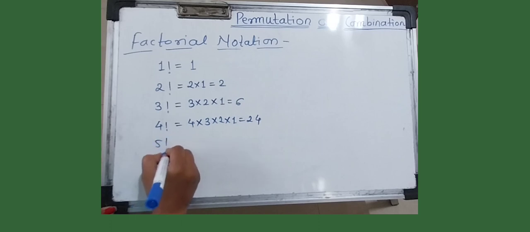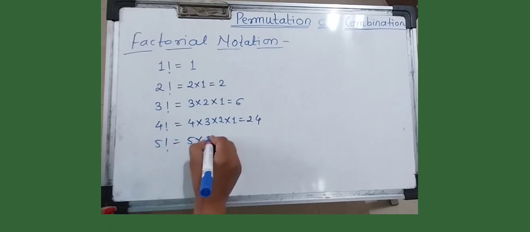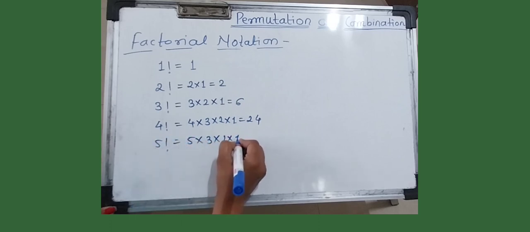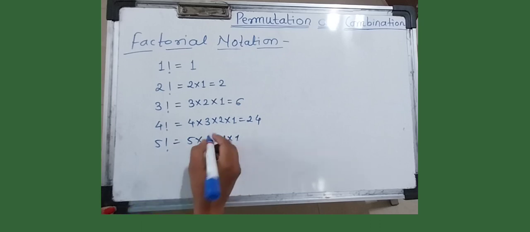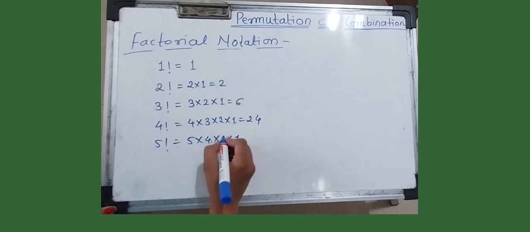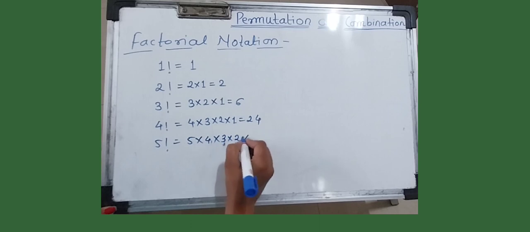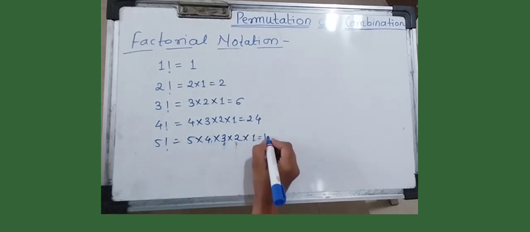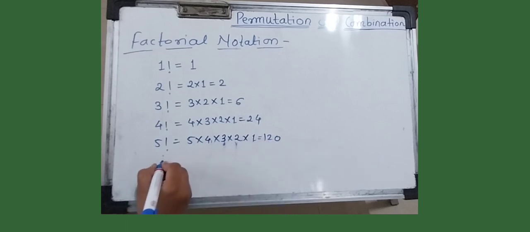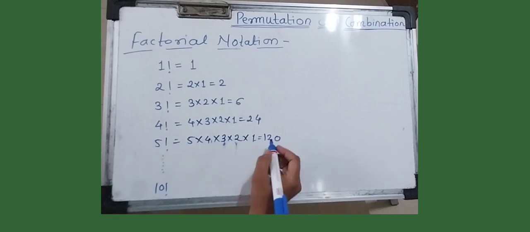Okay. 5 factorial is 5 into 4 into 3 into 2 into 1. So 5 factorial is 120. Likewise, find out up to 10 factorial and mark it.